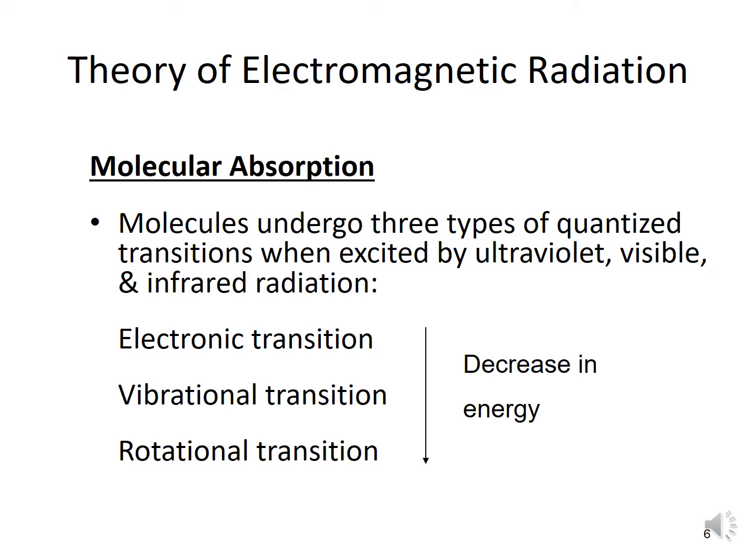As you can see, the energy decreases from the electronic transition, next to the vibrational transition, and the last one is the rotational transition. The least energy required is for the rotational transition.